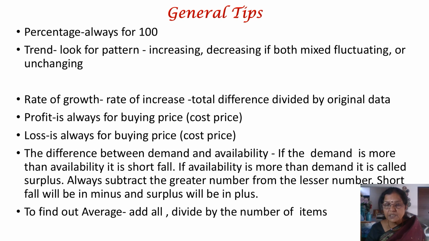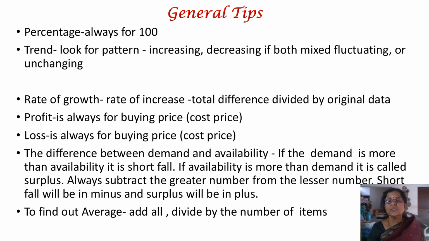And for average, always you add all the figures and then divide by the number of items. How many items are there? Then divide it by the number of items. You get the average. This will be dealt with in the video on mathematics. And for ratio, the order is very important. The order of the ratio is very important.